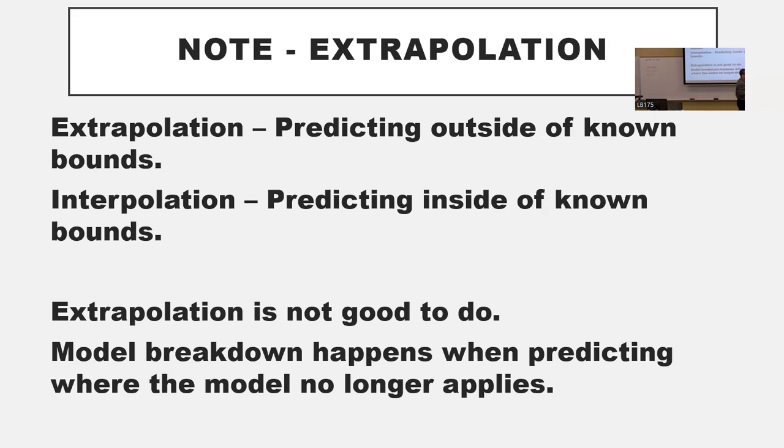Now, before we are done here, we only have a few minutes on this material. So before we're done with the material, I want to give a few things about regression and doing predictions to watch out for. One is the idea of extrapolation.